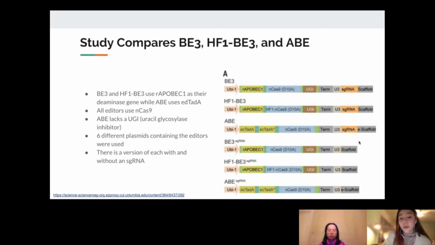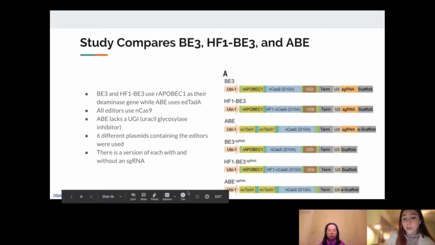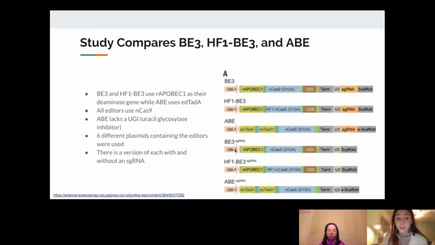There are also 3 DNA units that are shown on the bottom of the diagram. These are the exact same ones as the BE3, high fidelity BE3 and ABE that are shown on the top of the diagram. However, these lack the sgRNA portion seen on the right-hand side.